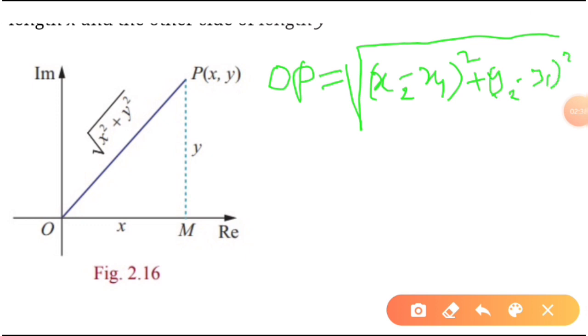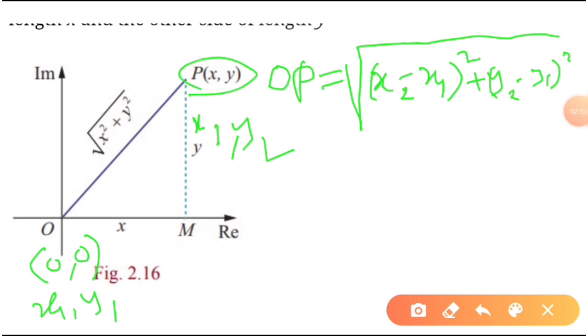Here the origin is (0, 0), x1 comma y1, and this is x2 comma y2. Now put these points P of (x, y) and origin (0, 0).